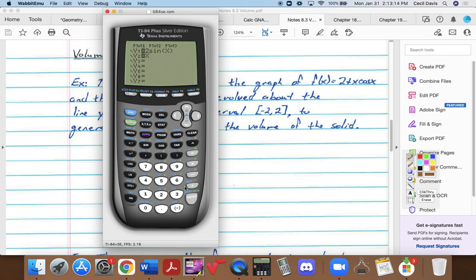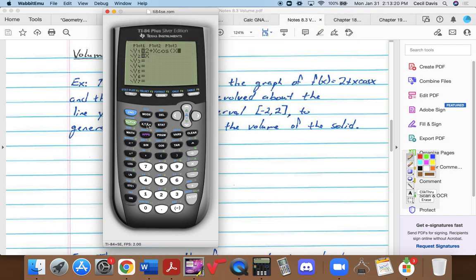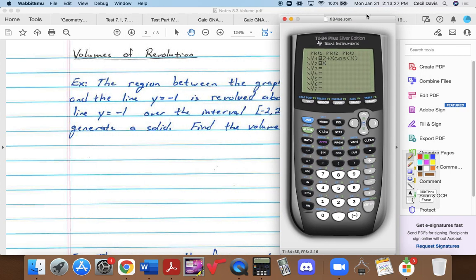So 2 plus x cosine x. And what was the other curve? No, the other curve was y equals -1. And I only need the part from x is -2 to 2. So I'll go -2 to 2.